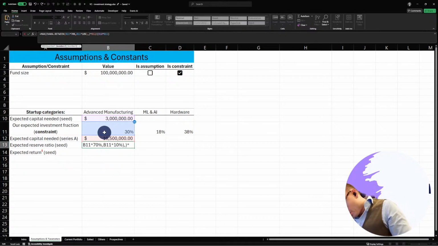If we want to consider the investment fraction, which was 20 to 40 right here, we can kind of draw this here. That was a nice square, which means it's 0 out here.